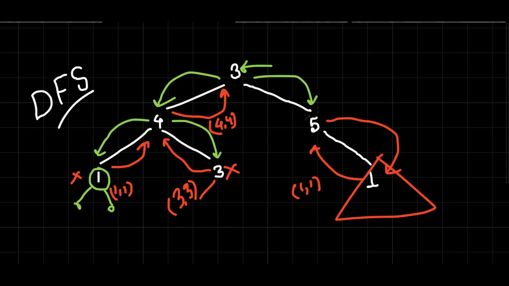Now for node 5, I have two conditions. Either I can take it or I can ignore it. If I take node 5, then I cannot take the immediate child's value, which is 1. So here, if I take node 5, the value will be 5.